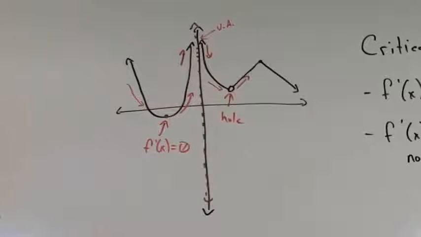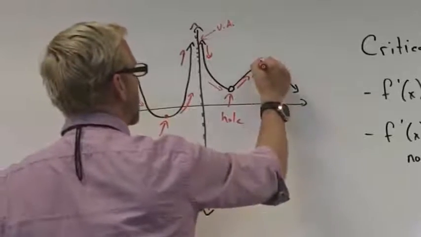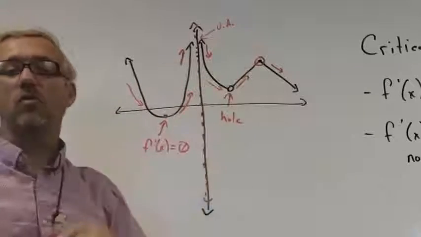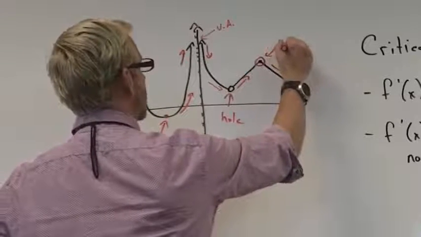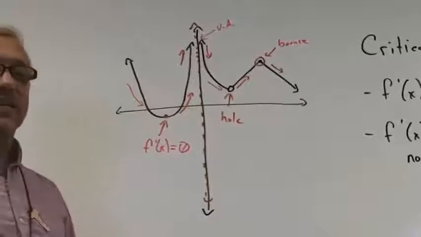Now the last place, and this is kind of an unusual instance, is this point right here. And again, notice this is a place where I can change from increasing to decreasing slope. This is kind of a bounce. Now we're not going to have anything on the test related to this.